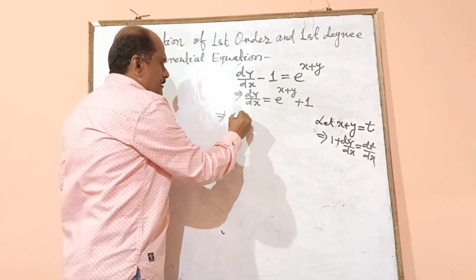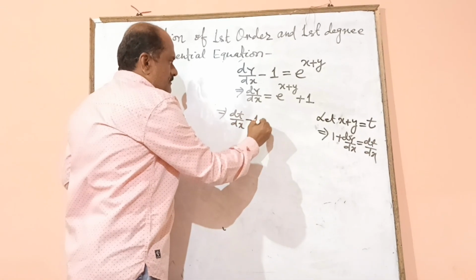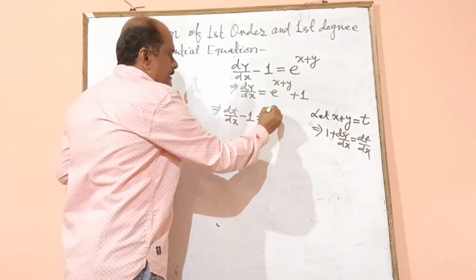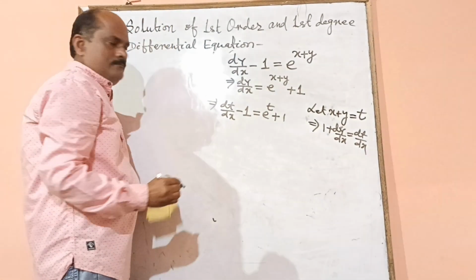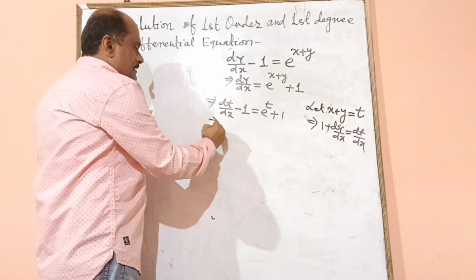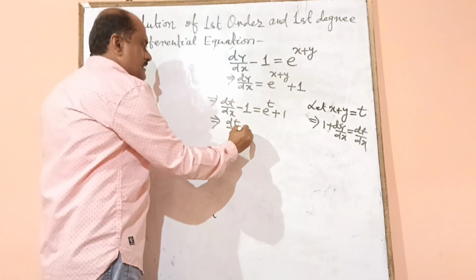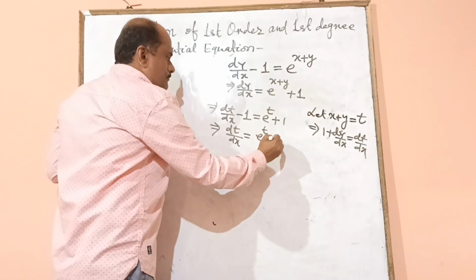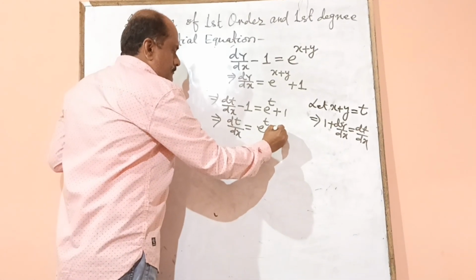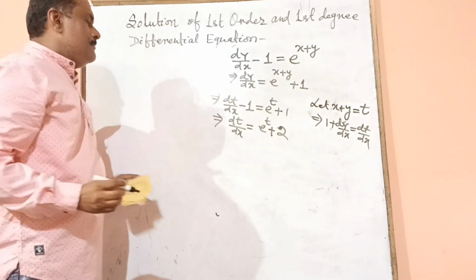Derivative of t with respect to x minus 1 is equal to e to the power t plus 1. Implies derivative of t with respect to x is equal to e to the power t plus 2.